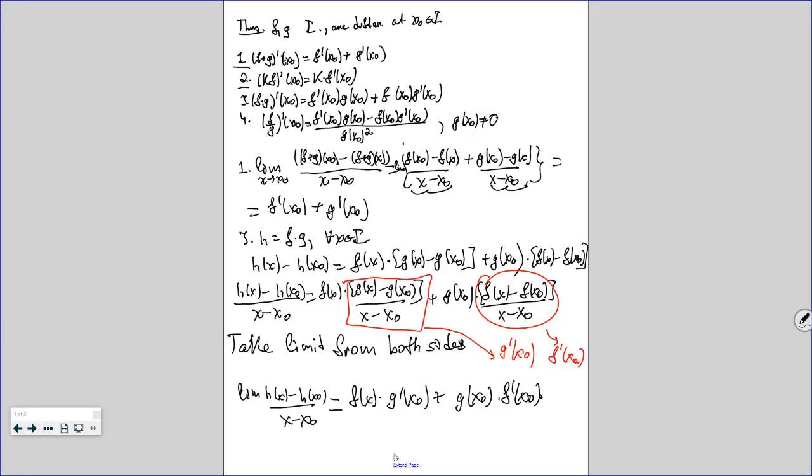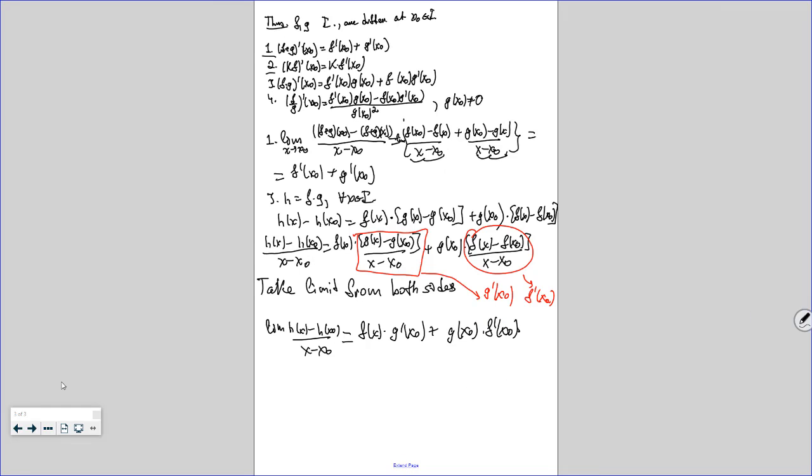Let's do a couple more examples. Suppose we want to find the derivative of a linear function. You can immediately apply the definition here. You have different options to solve this.